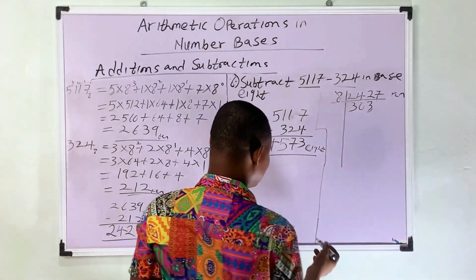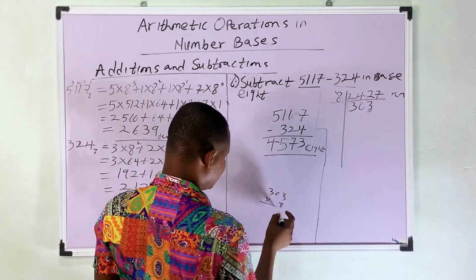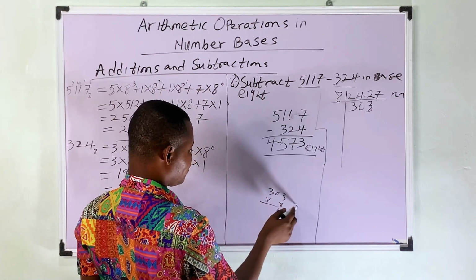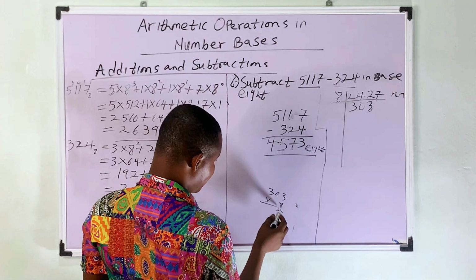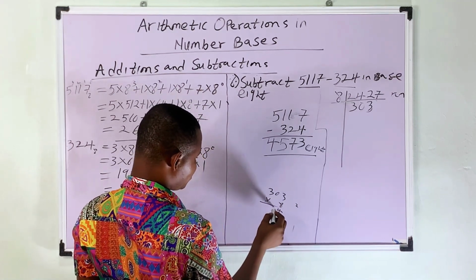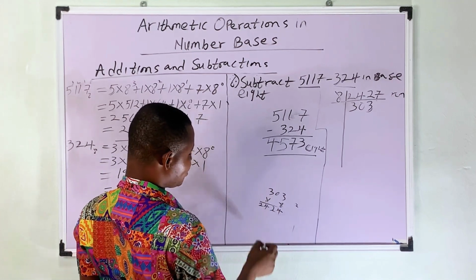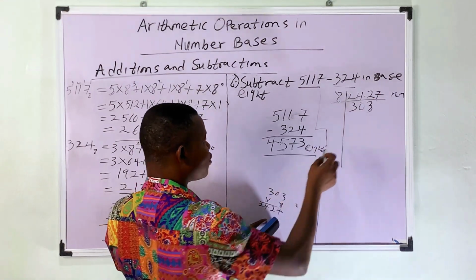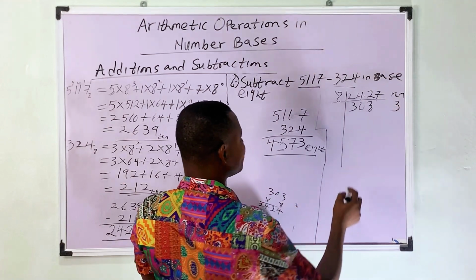Now, 303 times 8. 8 times 0, 0 plus 2, this is 2. This 8 times 3 is 24. That's 24. 27 minus 24, which means we have remainder 3.